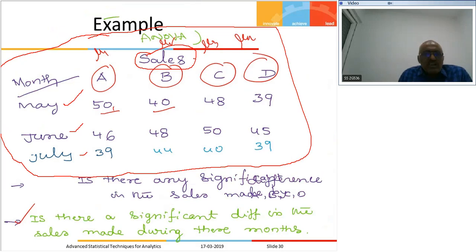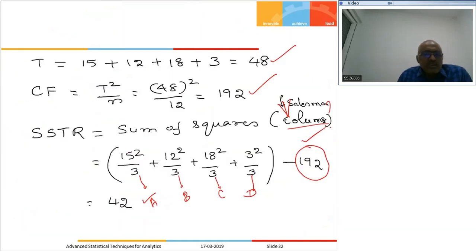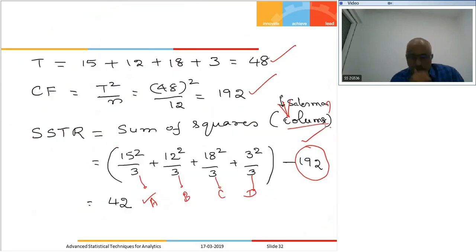So what I suggest is we take this two-way ANOVA problem again, with some elaborate discussion related to one-way ANOVA, and one more problem with respect to ANOVA. I think it is better to take it for discussion in the coming class so that all can participate.